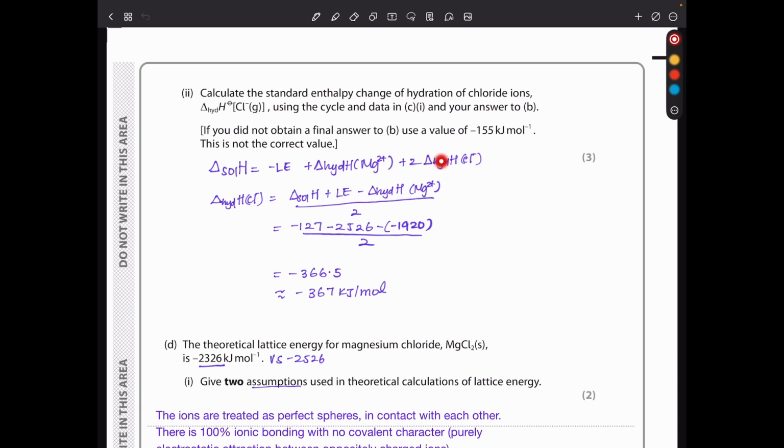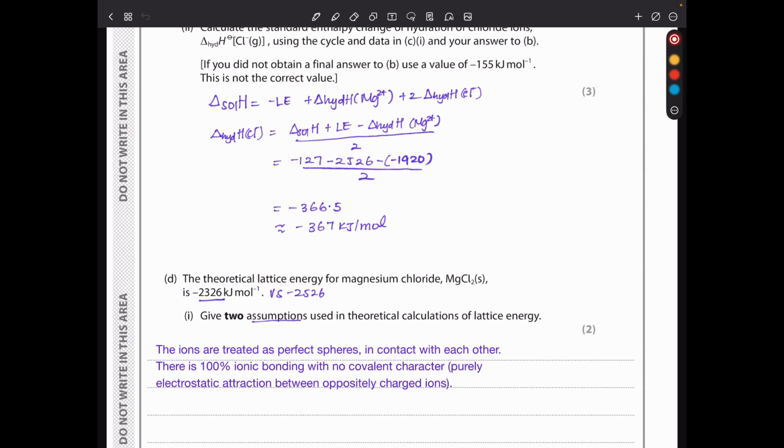So making this hydration the subject, it's going to be the enthalpy of solution plus lattice energy minus hydration enthalpy of magnesium, divided by 2. Then I substituted the values. This is what I calculated, negative 127. And then this is the lattice energy given to me, and this is for the hydration of magnesium. Dividing by 2, I got negative 366.5, which is about negative 367 kilojoules per mole.